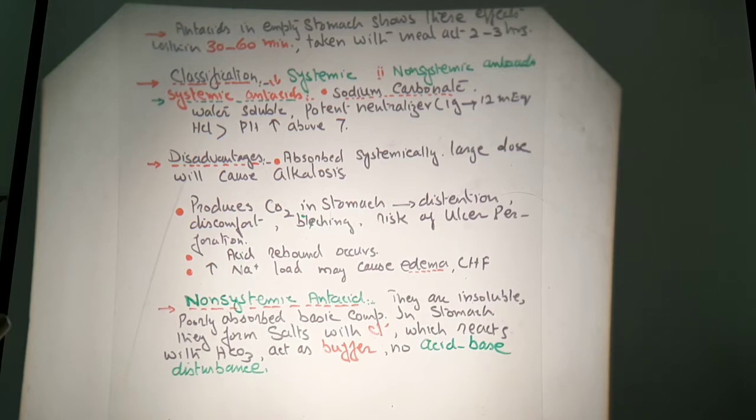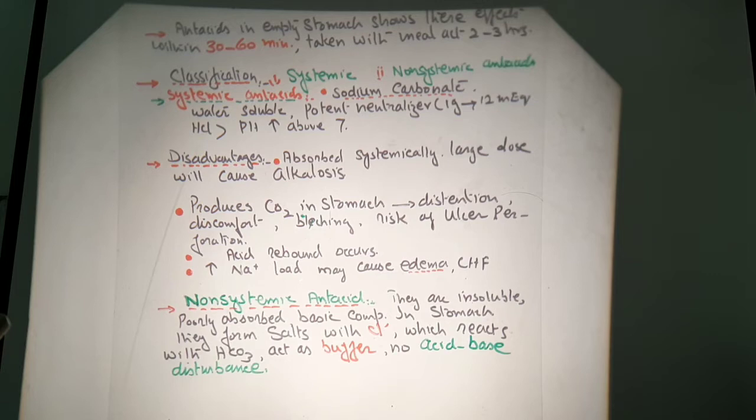You know that whenever sodium ions are present, one sodium ion absorbs 2 molecules of water, so there is excessive absorption of water. So increased sodium load may cause edema, and whenever there is edema, it may cause cardiac heart failure.